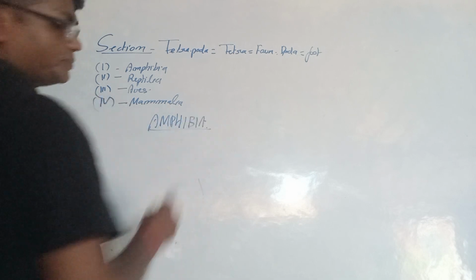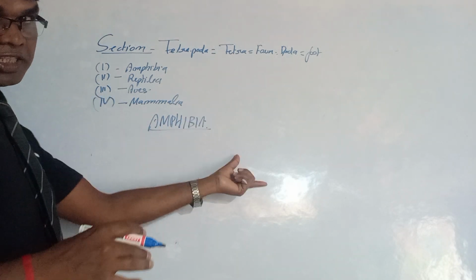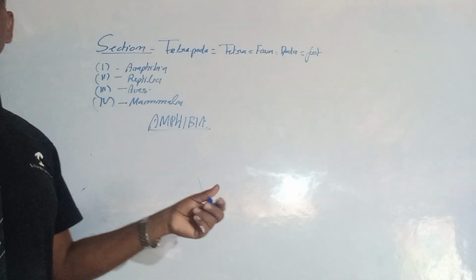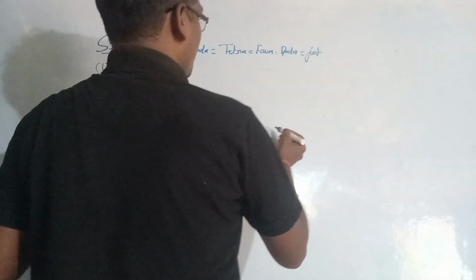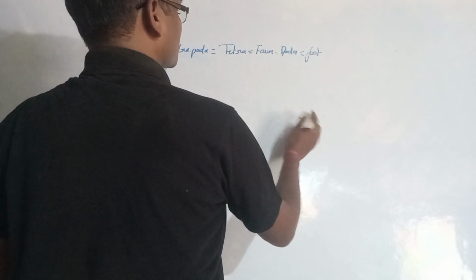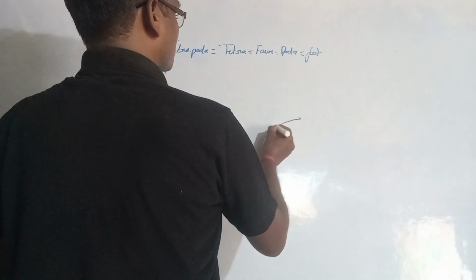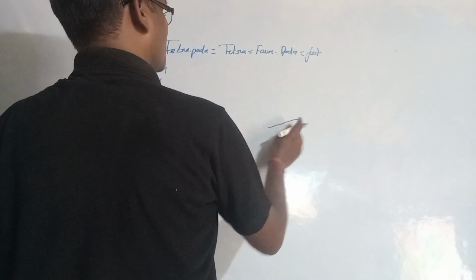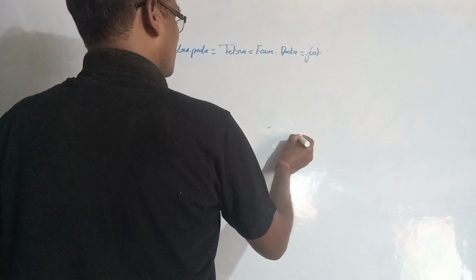Amphibia. Okay. External structures. First we will take the external structures, then after we will describe its characteristics. So here is the external. Suppose that we are going to draw here.